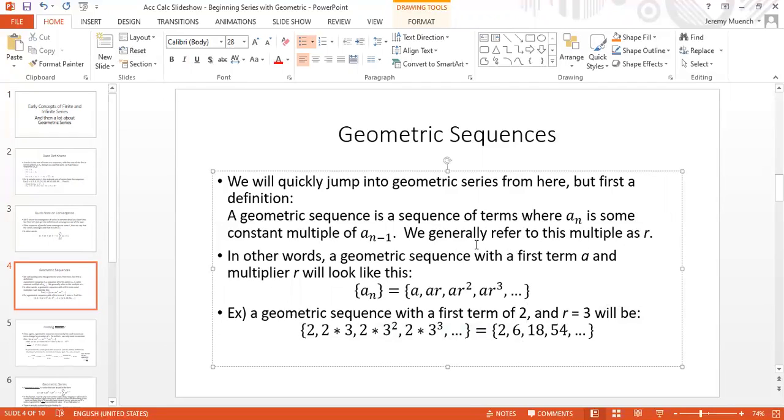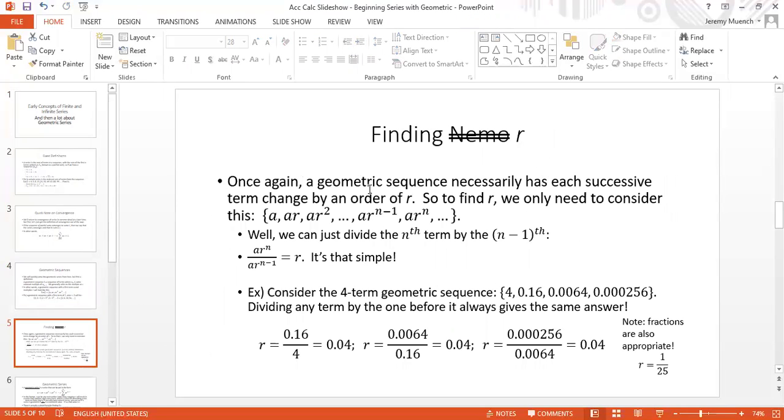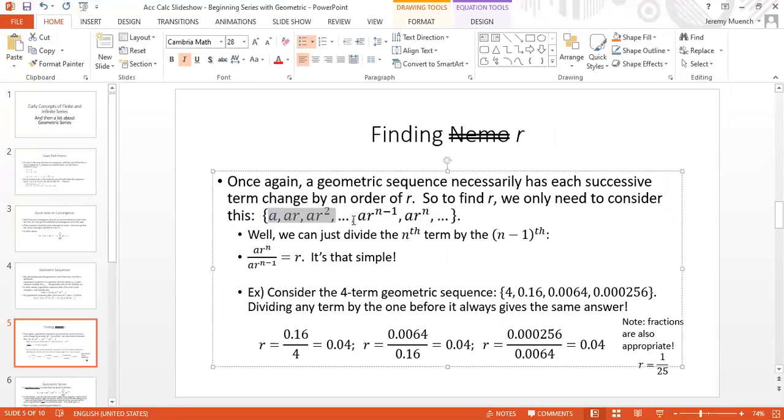But let's take a look here. We know each term is going to take this form, right? ar squared, all the way up through ar to the n minus 1, ar to the n, and so on. Well, if I were to divide ar to the n by ar to the n minus 1, I just get r, right?